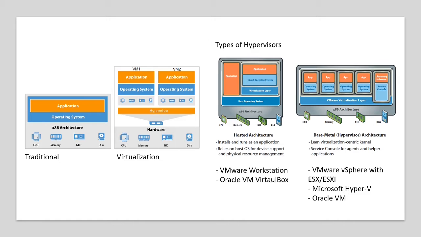Example of hosted architecture would be VMware Workstation, Oracle VM VirtualBox, what we will be showing today. An example of bare metal architecture would be VMware vSphere with ESX and ESXi, Microsoft Hyper-V, Oracle VM.